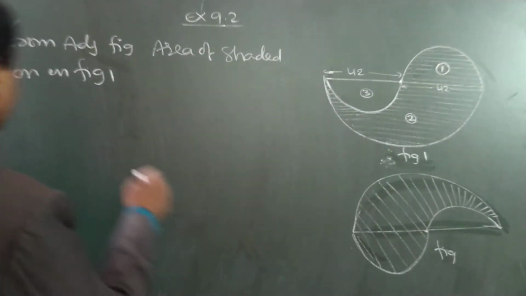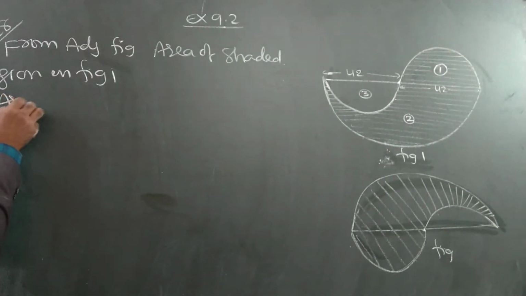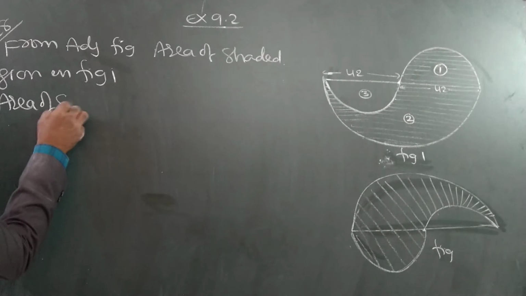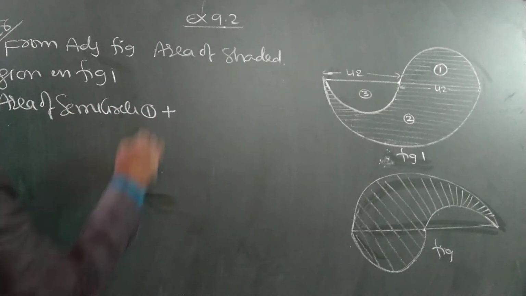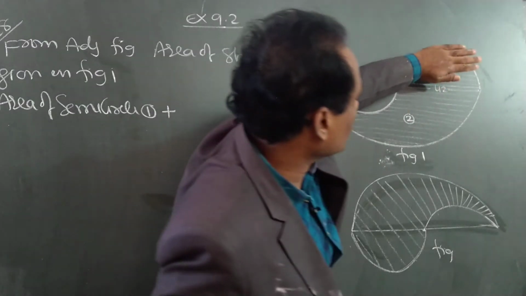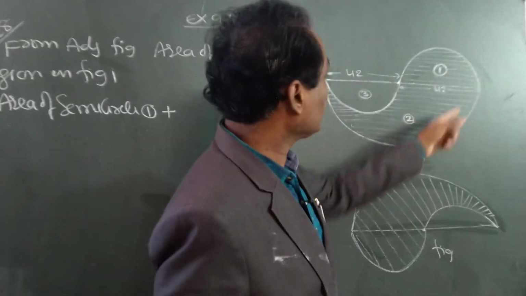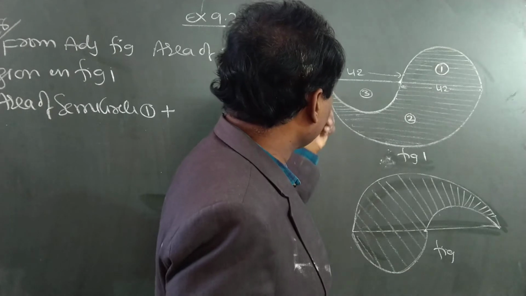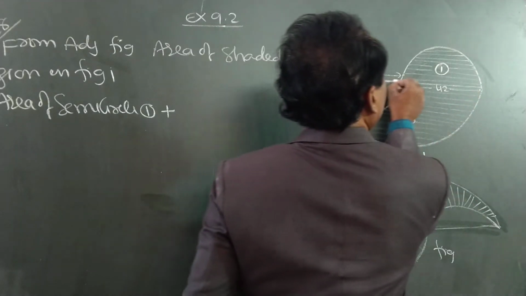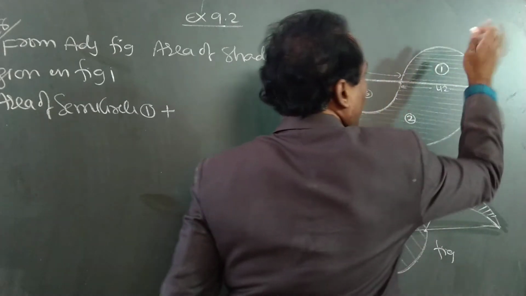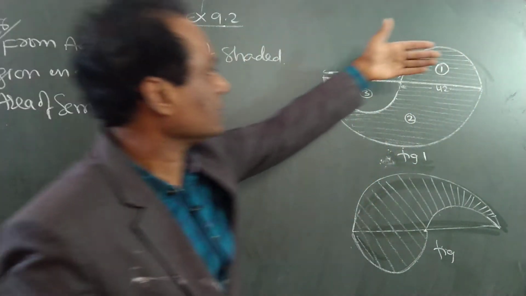See here, don't write it. Area of semicircle 1 plus this area we have to find plus this total bigger semicircle. Total. Up to here you see. This is over now. I wrote here. So don't look at here.